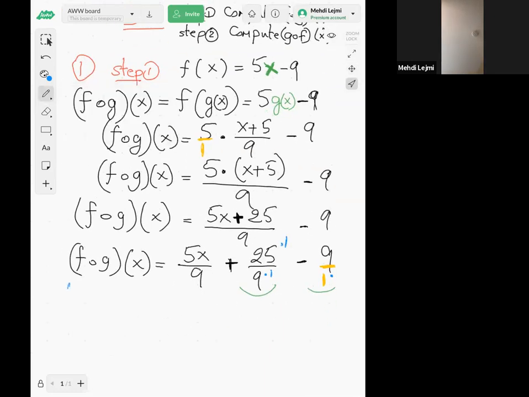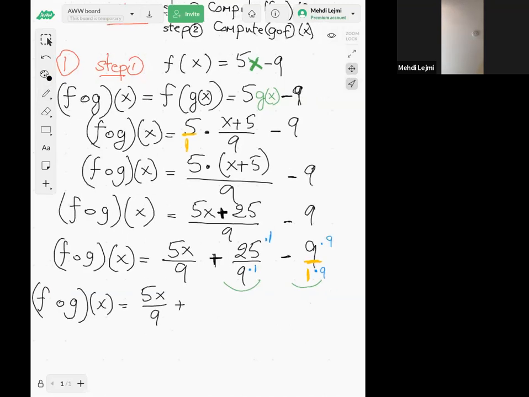So that's f composed with g of x. It's 5x over 9 plus 25 over 9 minus 9 times 9, that's 81, over 1 times 9, it's 9. So now I have a common denominator, so I can subtract.